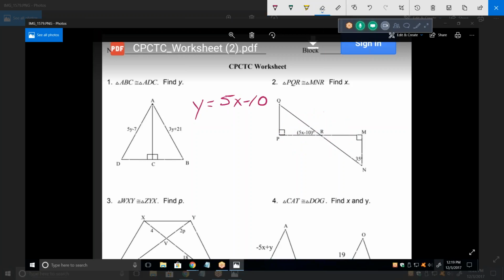Now, what is true about y and this angle? Y equals what? 35? No, it's the complementary angle. Whenever you're looking at a right triangle, the two acute angles are complementary. Means they always add to 90. All right, so 55.